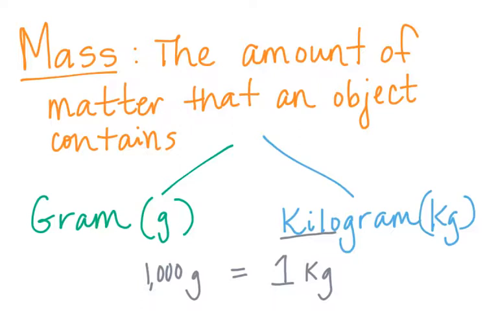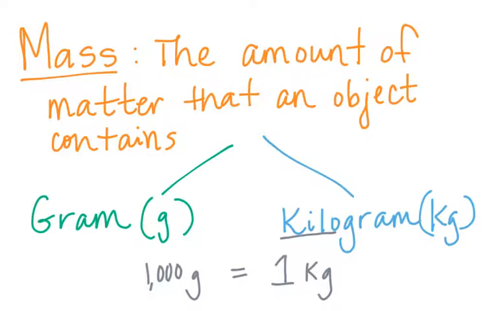Mass is the amount of matter that an object contains. It is directly related to weight, and so we kind of use them interchangeably. But just so you know, for future when you're in maybe a science class, mass and weight are actually different, because we can measure the mass of an object here on Earth, and when we take it to the moon, it would still have the same mass, but on the moon it would weigh differently.